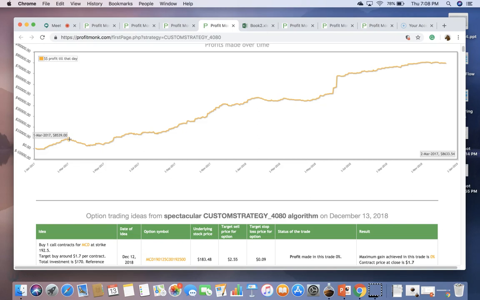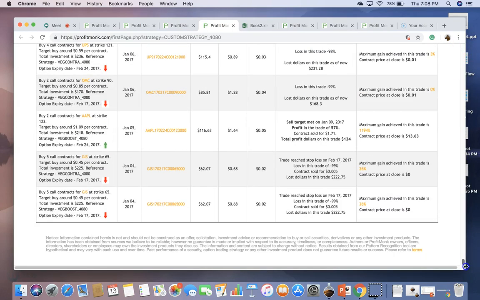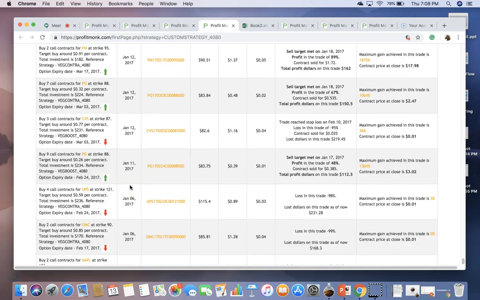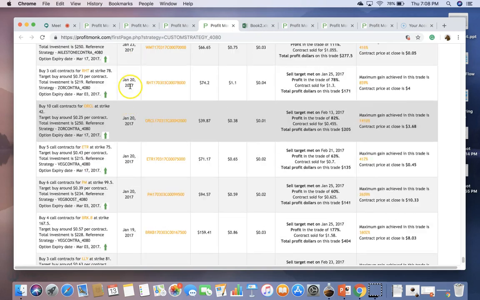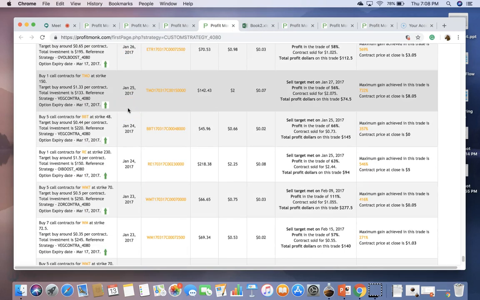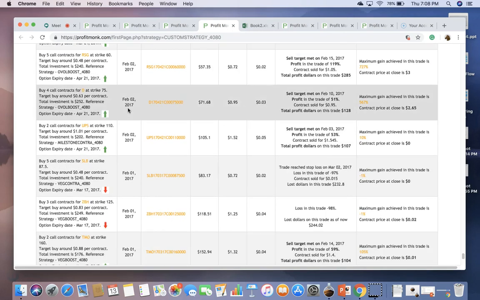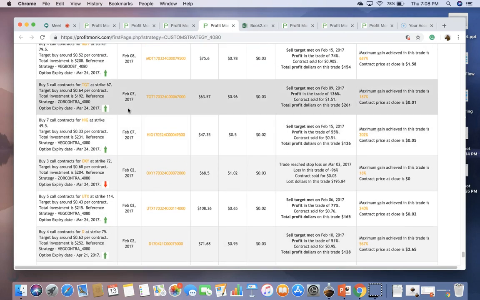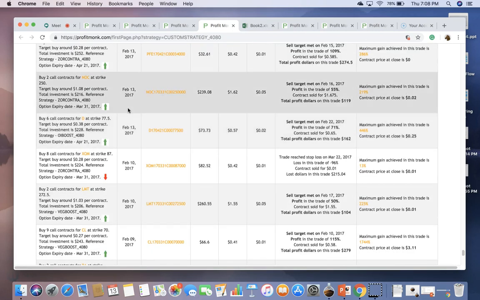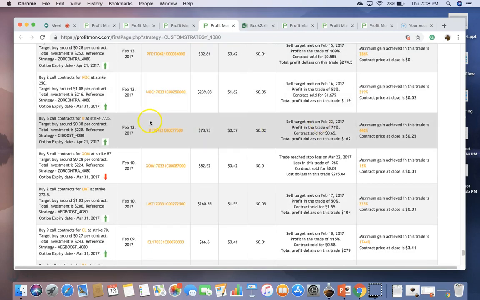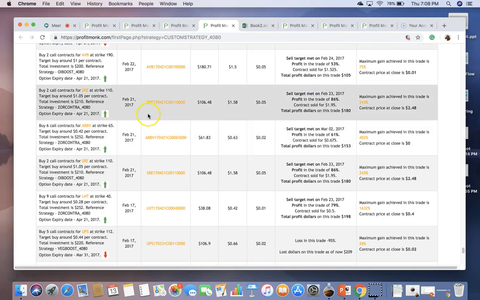So a very simplistic way to do it would be, you go right to the bottom of the page and say, okay, January and February, how many trades did I have to make? So let's do this roughly. 5, 10, 15, 20, 25, 30, 35, 40, 45, 50, 55.